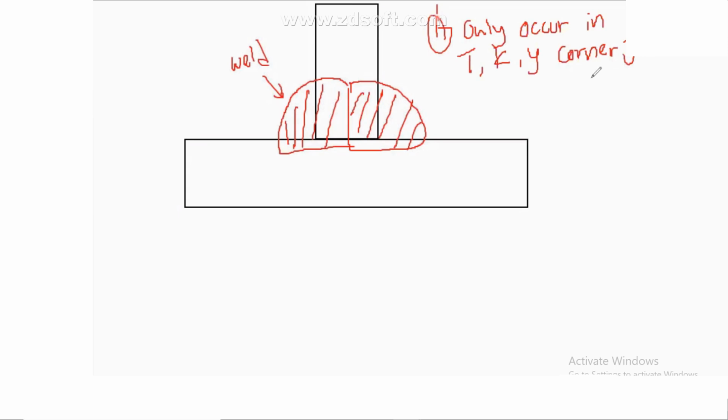Okay? Never in butt weld, in plate. If you have two plates like this, never. But if you have T, K joint, corner, all those are possible to have lamellar tearing. Never in butt weld plate. Put it in your mind, all right? Memorize this.